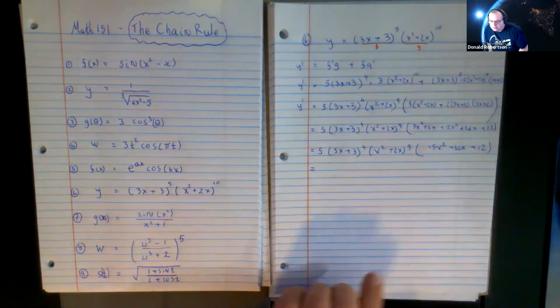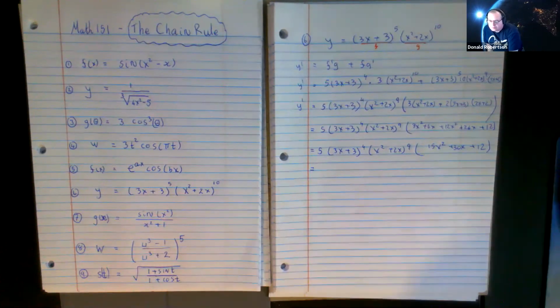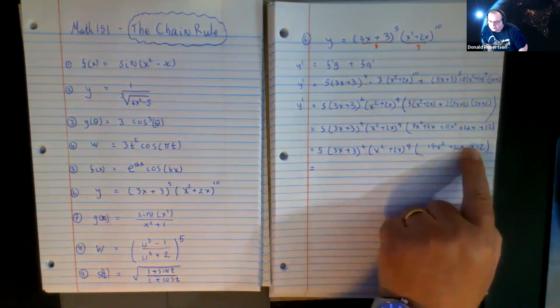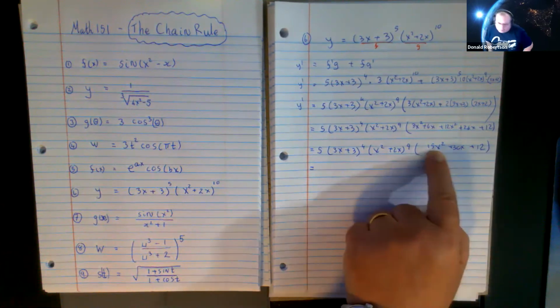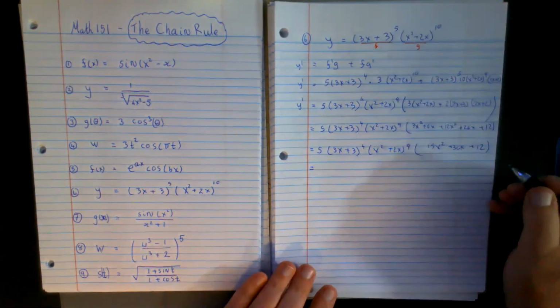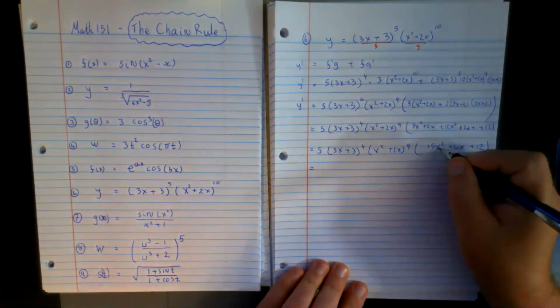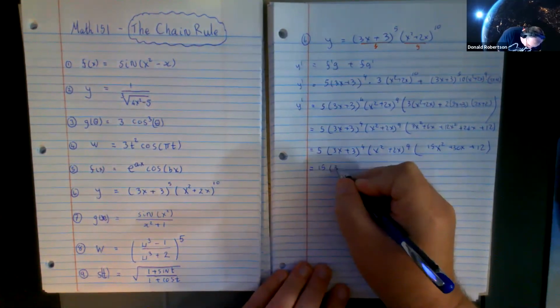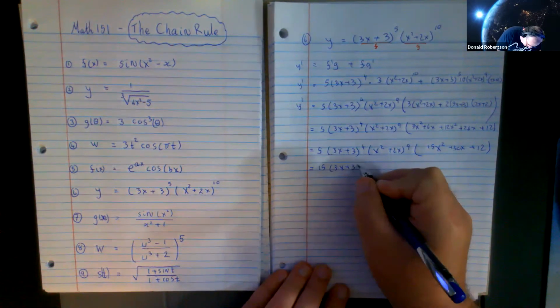Okay, anything you can do with this quadratic? Could you pull out a common factor, for instance? Any common factor out of this quadratic? Yeah. What did you say again, sorry? 3. So you got 15 of these now, because you're pulling out a 3, and 3 times 5 is 15.